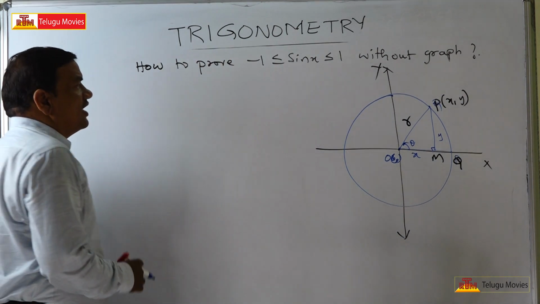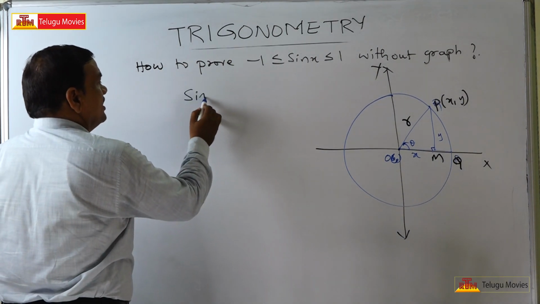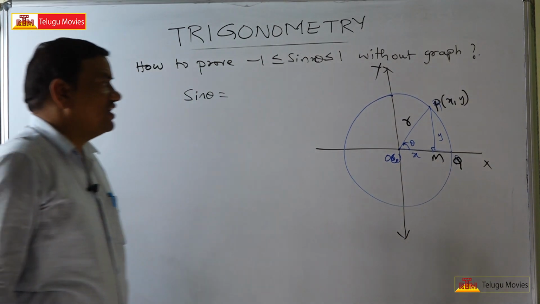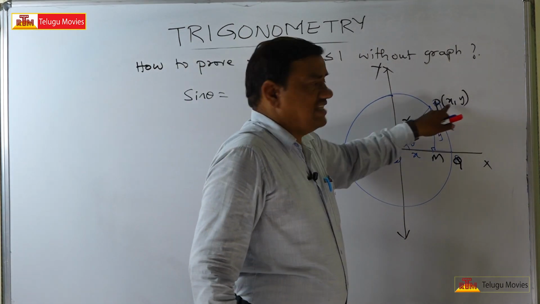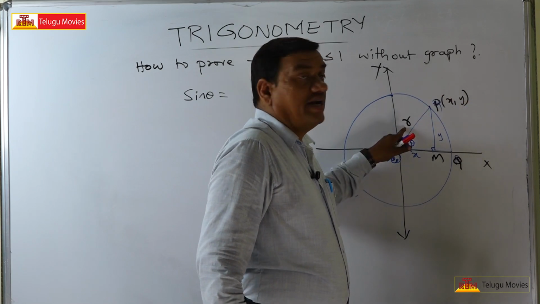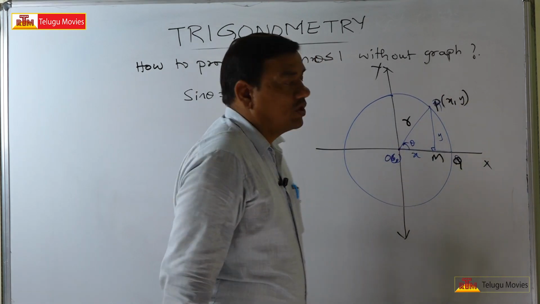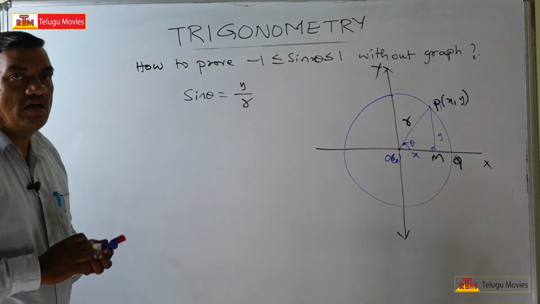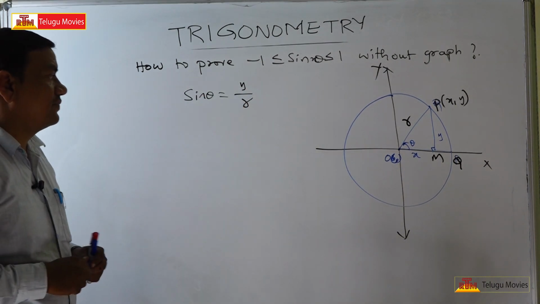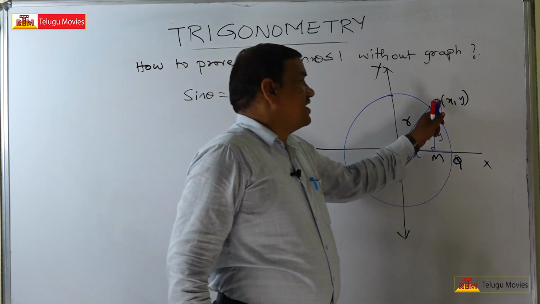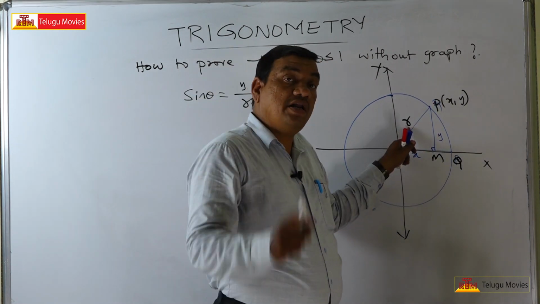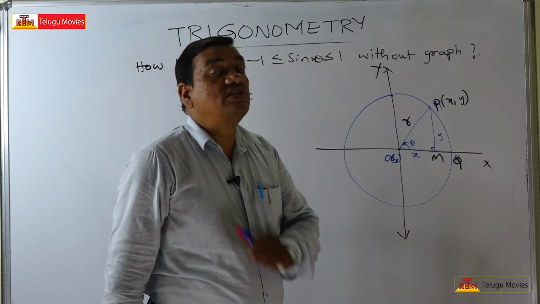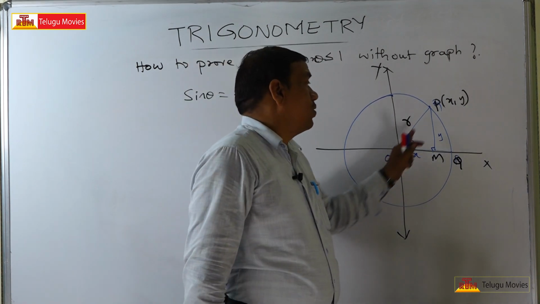So observe here, what is the definition of sin theta? In this x and y coordinate, sin theta is y by r. So always remember this. In this right angle triangle PMO, r is the hypotenuse, and y is one of the sides of the right angle triangle.